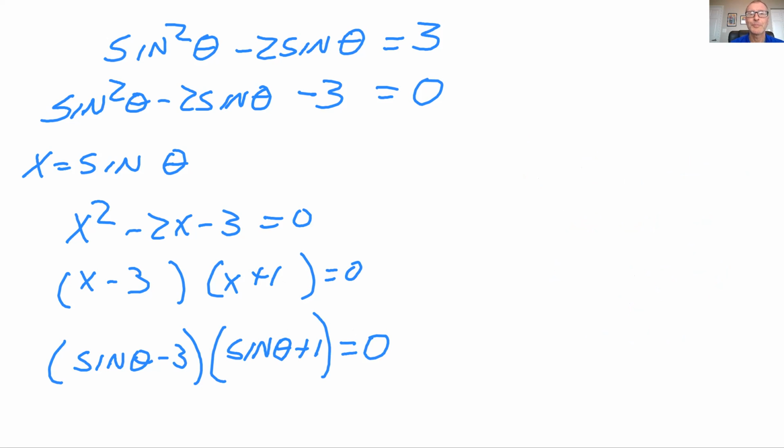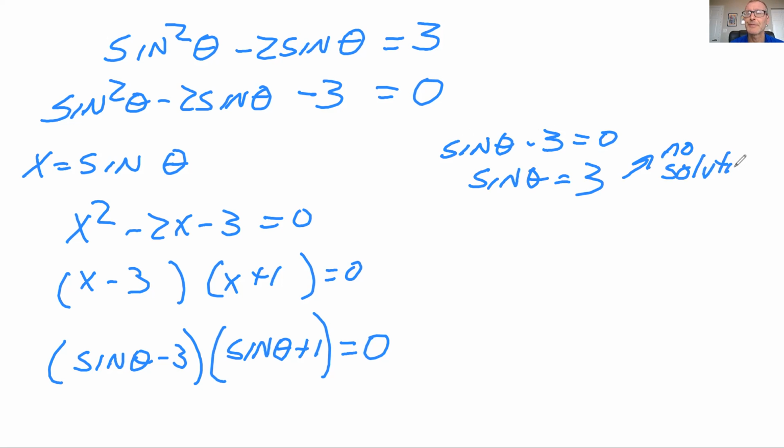The first one would be sine of theta minus 3 equals 0, and then we have sine of theta equals 3. Remember we talked about whether there are possible solutions? This one does not, right? 3 is greater than 1. So this has no solution. There's no value of theta that you can plug in here to get a 0. So that won't solve it. What about the next one? Sine of theta plus 1 equals 0.